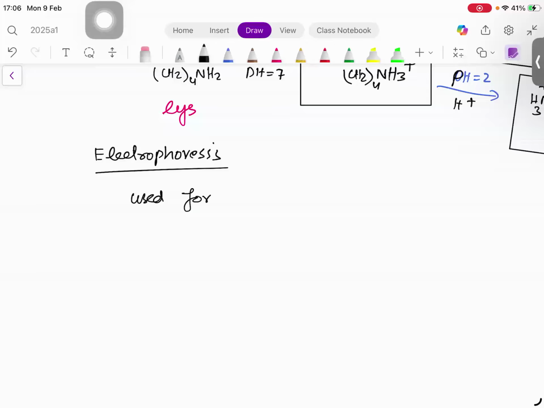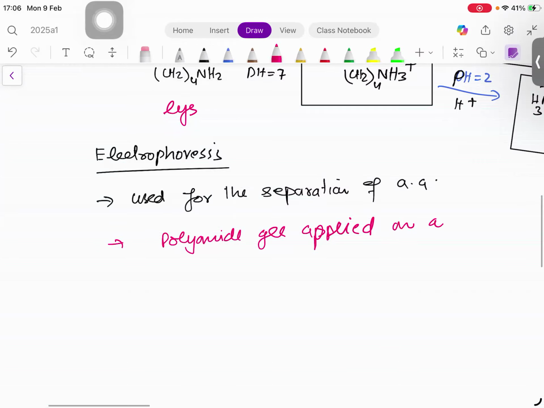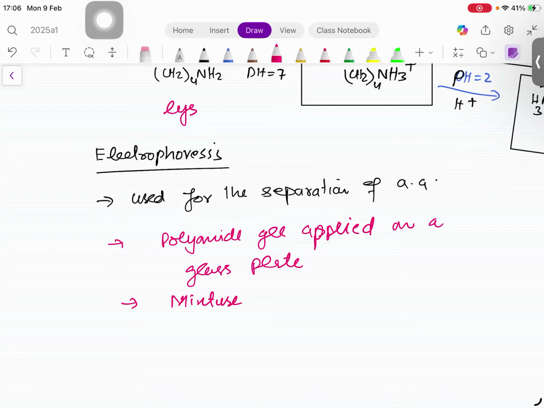Used for the separation of amino acids. Polyamide gel. There is no apparatus in the syllabus, but I am just explaining it too. Polyamide gel applied on a glass plate. Mixture of amino acids buffered at specific pH.